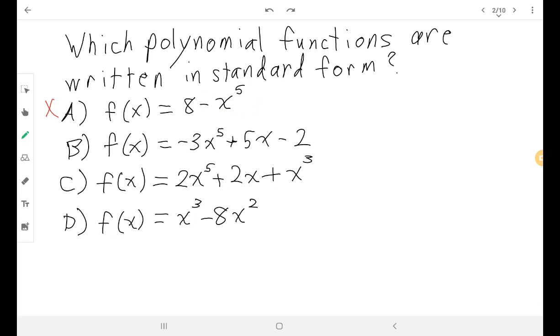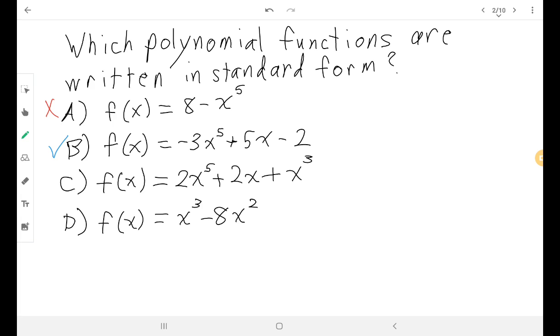So A is not in standard form. B, on the other hand, we've got a negative 3x to the fifth first, and that is the highest power, the highest exponent. And then the next highest is x, or x to the first. And then we have the constant at the end. And so B is a yes.